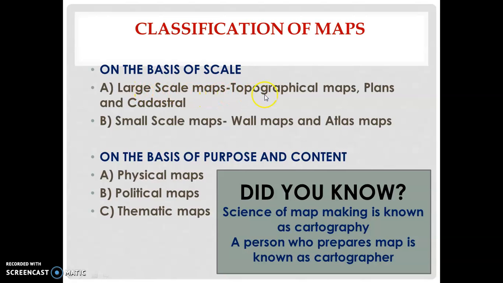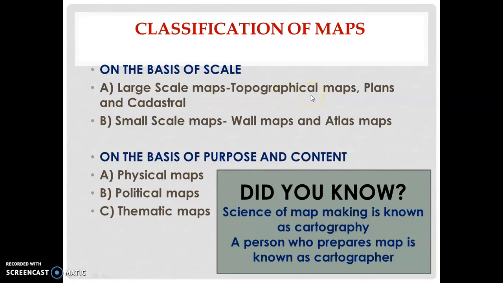For example, topographical maps that we have to learn in this chapter. So a topographical map is an example of a large scale map, plans and cadastral maps. So what is a topographical map? A map which shows natural features as well as man-made features.